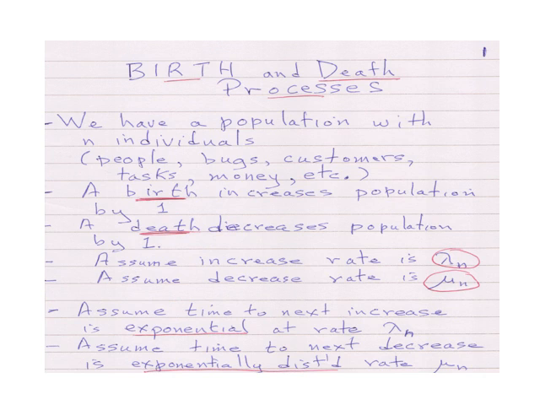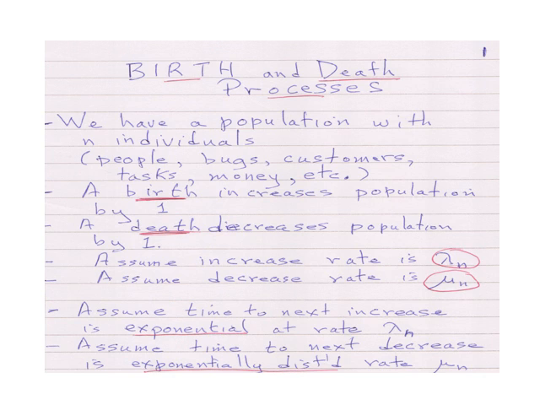We're going to assume that the birth rate is lambda sub n, and we will assume that the death rate is mu sub n. So lambda sub n is the number of births per unit time when there are n individuals, and mu sub n is the number of deaths per unit time when there are n individuals.